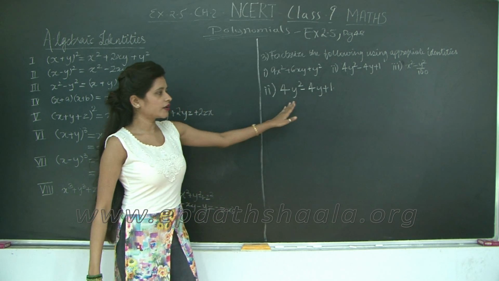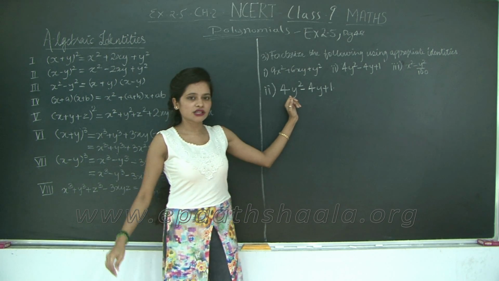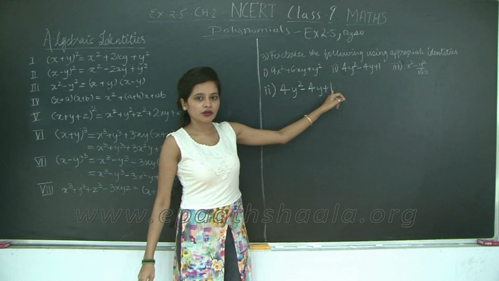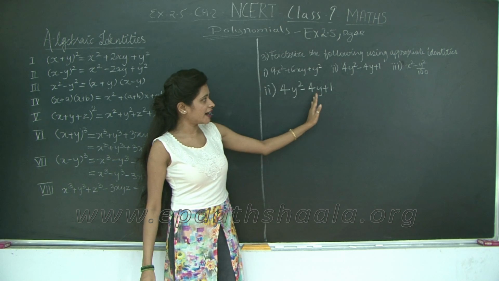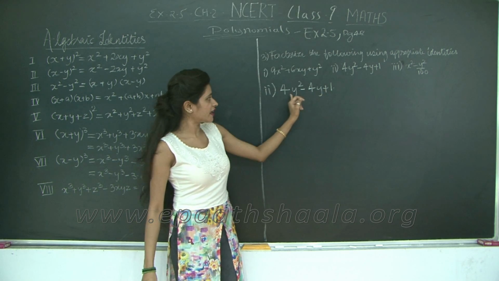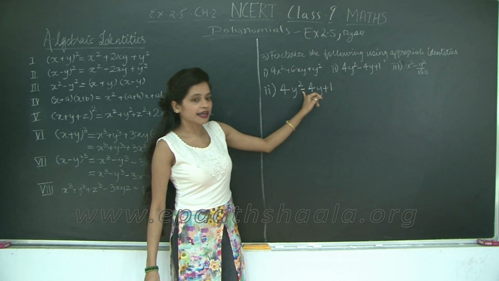Now again, let's check and compare with our algebraic identities. The first term is a square, the last term is 1, which can be written as 1 square. So even this is a square. And in between you have a product of y and 1, that is we have y over here and 1. And there's a negative sign here.